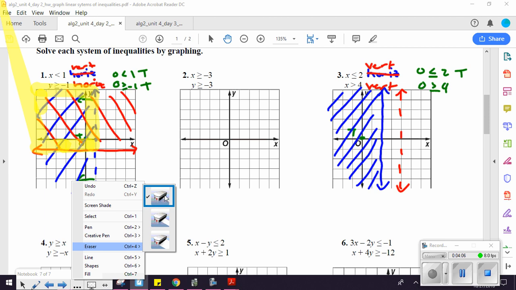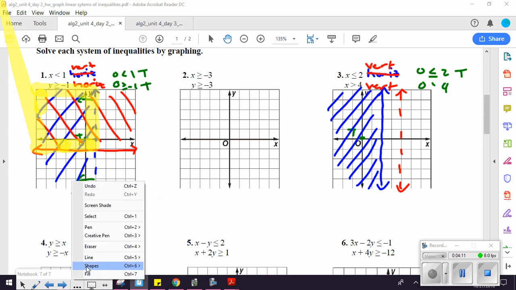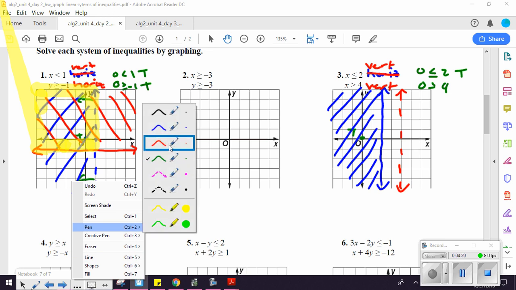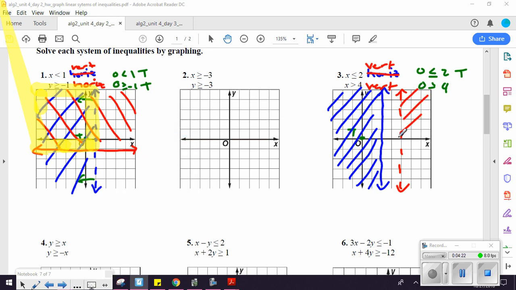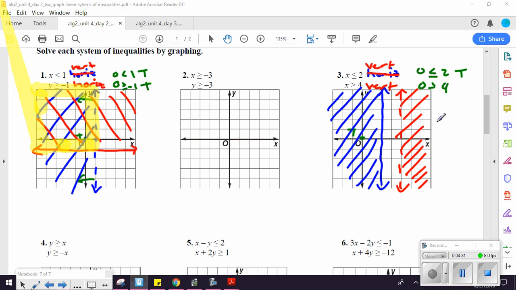So I'm going to shade in the opposite direction of where 0, 0 is. In this case, that would be to the right of the red line. So since the two shadings do not overlap, this system has no solution.